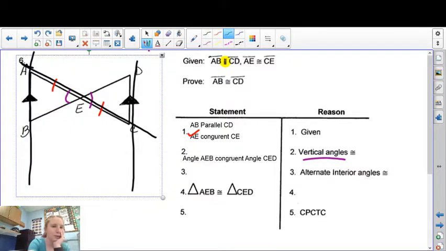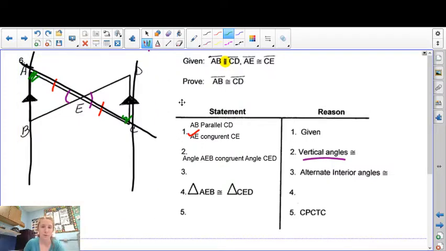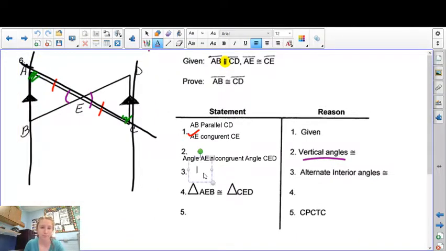So I use green yet. This guy is alternate to this guy, and it conveniently lies in my picture, which means that angle A and angle C are congruent, which is what I'm going to type.